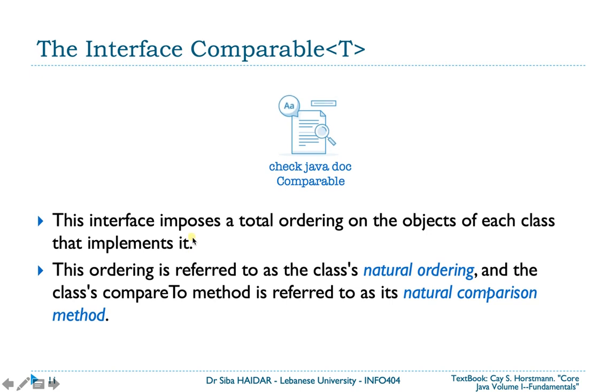So each class that implements this interface will have a total ordering, and this ordering is referred to as the class's natural ordering. Whenever you read the expression natural ordering, it means the class has implemented the Comparable interface. And the class's compareTo method is referred to as its natural comparison method.